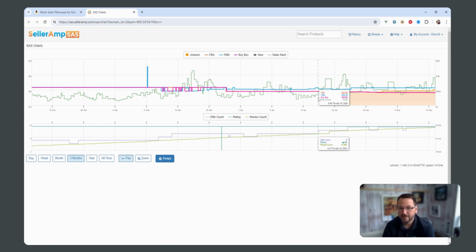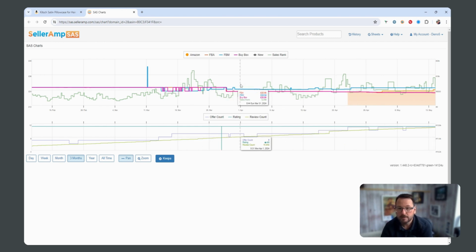Interesting, right? That is usually competition driving price down. It's frustrating, but it is a factor of online arbitrage that you need to be aware of. So we know our pricing strategy over the last 3 months. We know we can sell it at anything between £20 and £25, maybe a bit higher than that, and you would still have eligibility to have the buy box. That's really good to know.